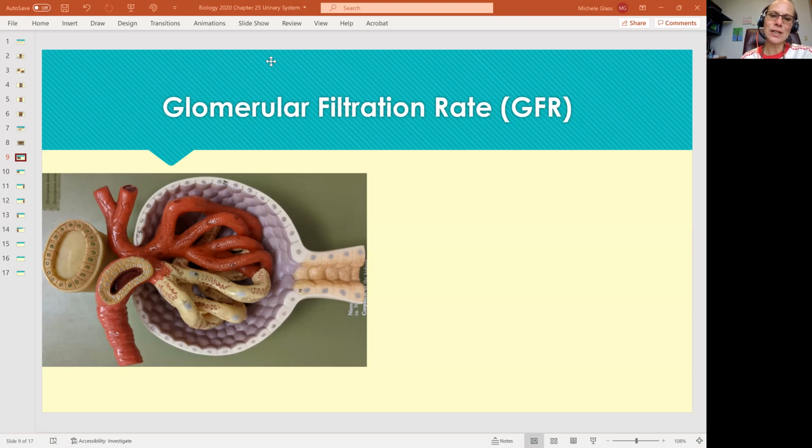Welcome back. We are talking about glomerular filtration rate, or what we can abbreviate as GFR. This is the volume of filtrate formed by both kidneys per minute.